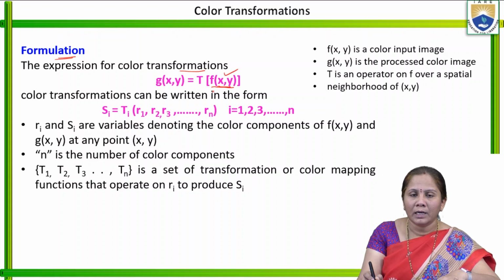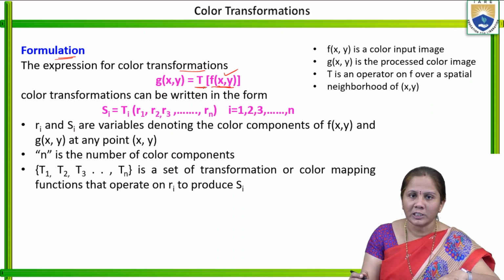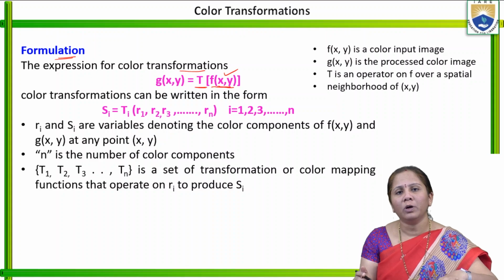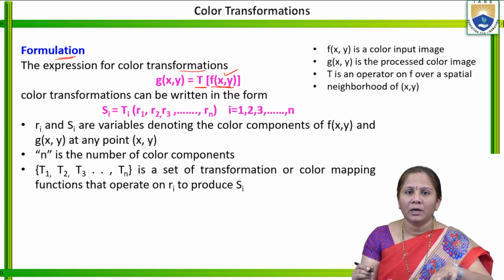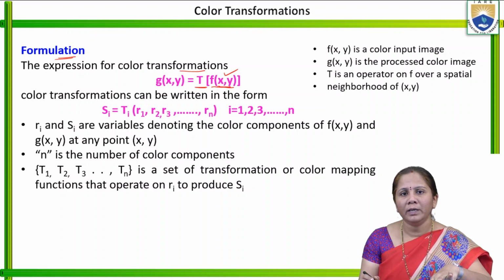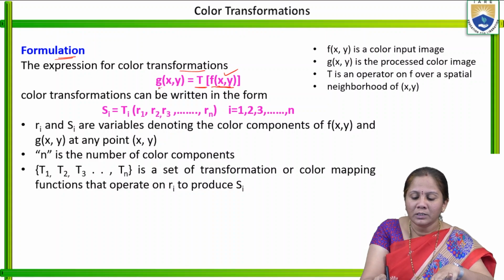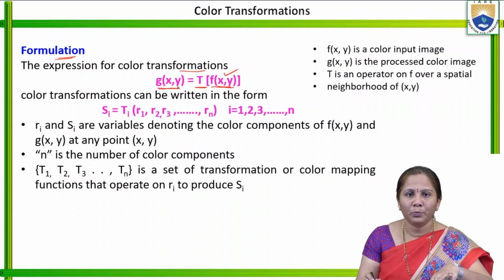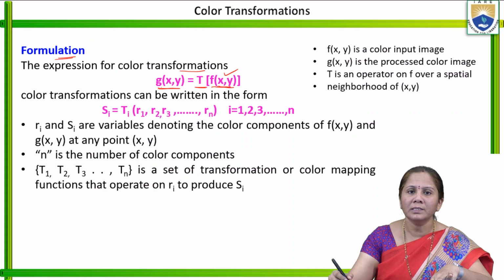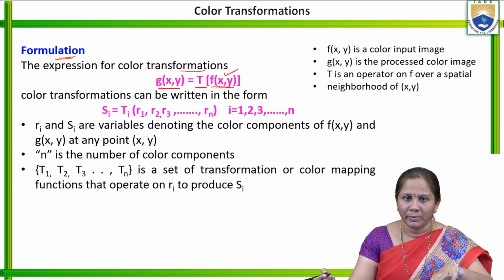For that color input image, if we are going to apply any transform, then the output we are going to get is the processed image, that is the output image, and that output image also will be in color form only. So here g of x comma y is the output image, which is also called the processed image.